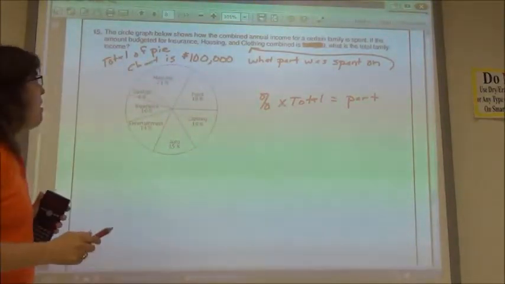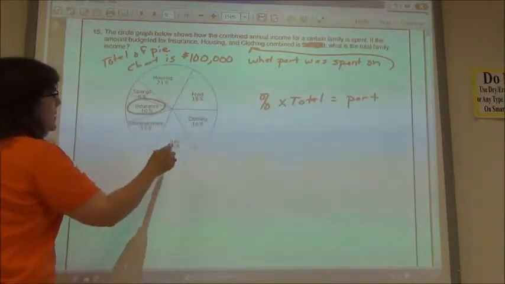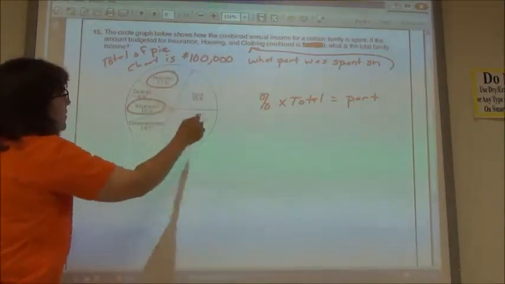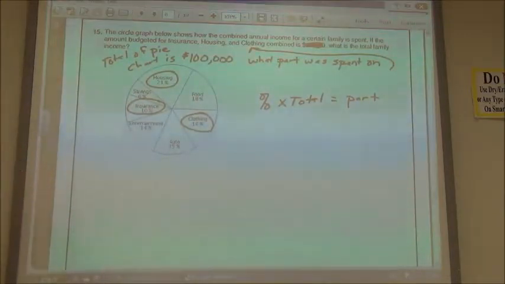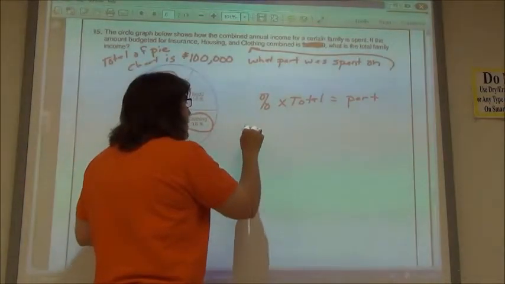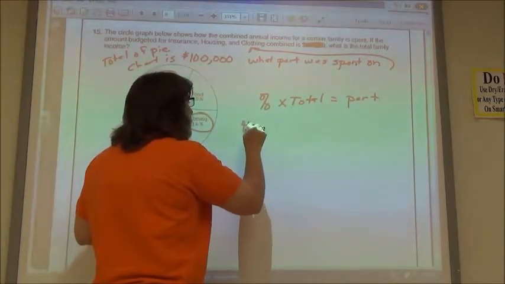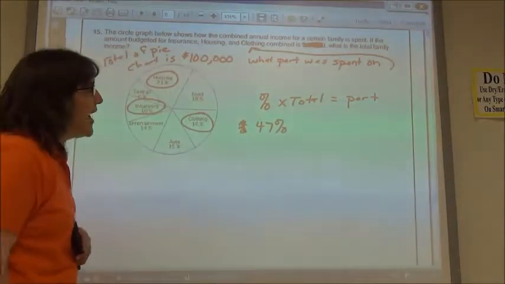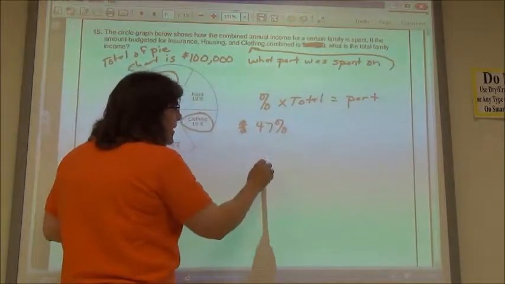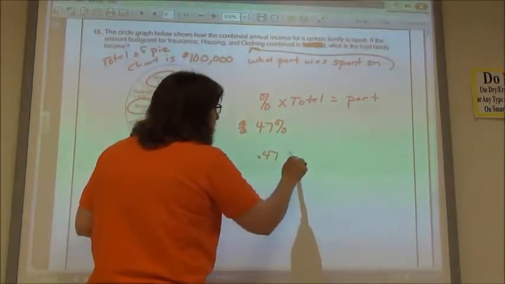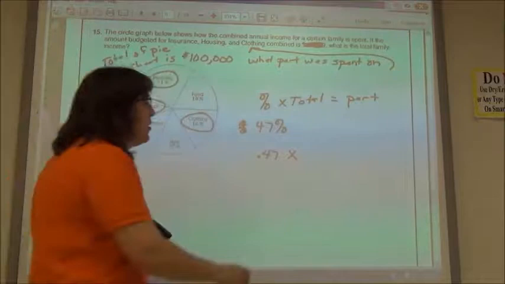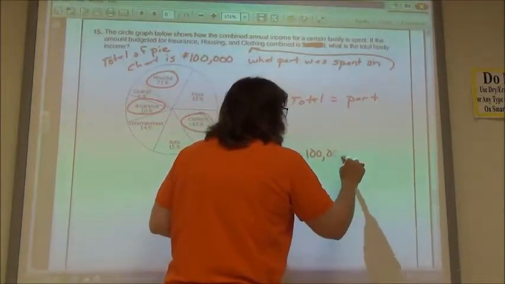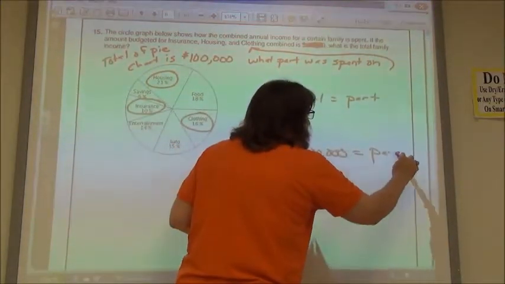My percent on insurance, housing, and clothing, 10 plus 21 plus 16 is 47%. 47% as a decimal, we move the decimal 2 places, so 0.47 times my total, 100,000, is equal to my part.